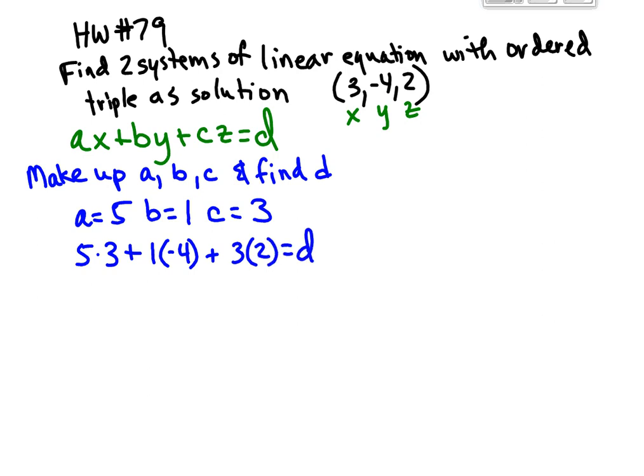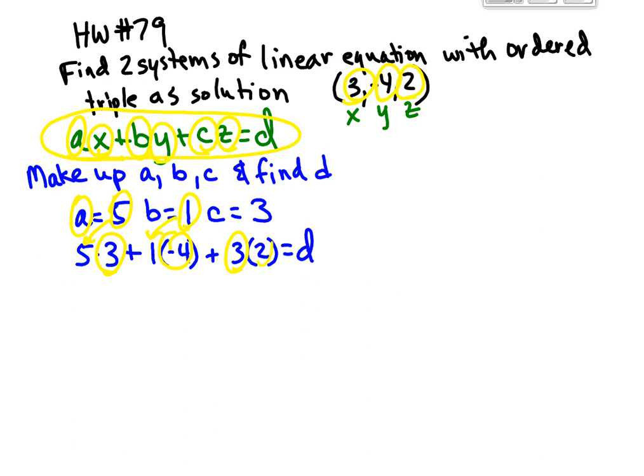So I'll just take a moment and make sure you know where all these are coming from. I'm using this equation. A, I'm putting in as 5 right there. X is from over here, it's the 3. B is the 1 right there, and y is the -4 right here, and c is 3, and z is the 2.